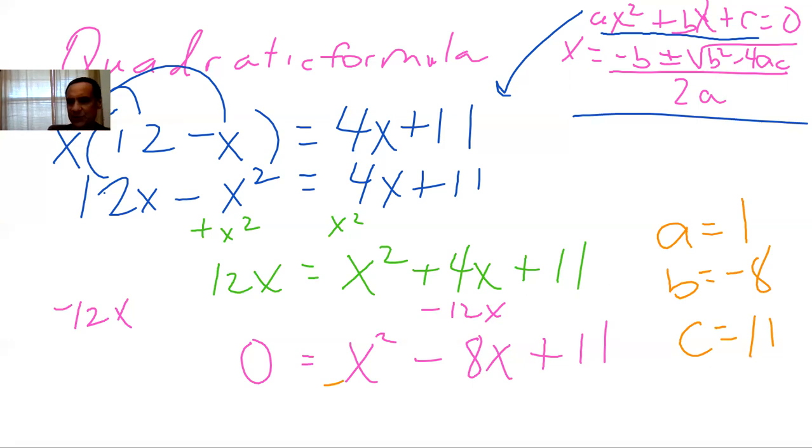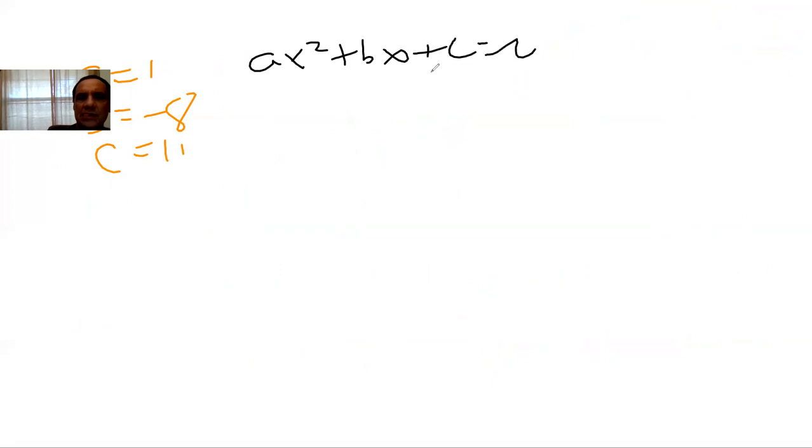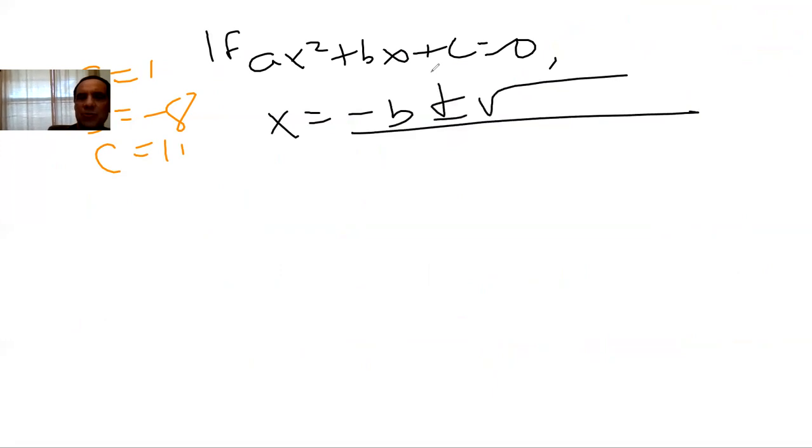So on the next screen, I'm going to go ahead and do the quadratic formula, where A is 1, B is negative 8, C is 11, and if ax squared plus bx plus c is 0, then x equals negative b plus or minus the square root of b squared minus 4ac, over 2a.